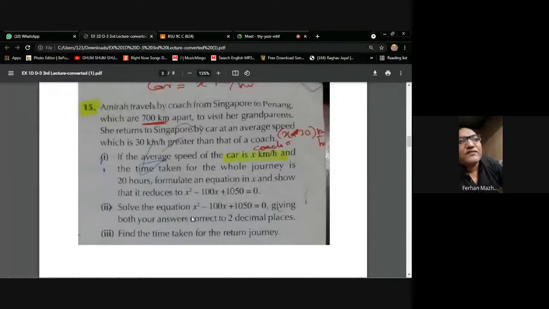If the average speed of the car is x kilometers per hour and the time taken for the whole journey is 20 hours, formulate an equation in x and show that it reduces to x squared minus 100x plus 1050 equals 0. Solve the equation, giving both your answers correct to two decimal places. Find the time taken for the return journey. So she went from Singapore to her grandparents by a coach, and she returned by a car.